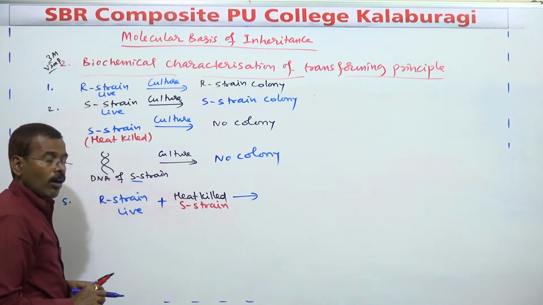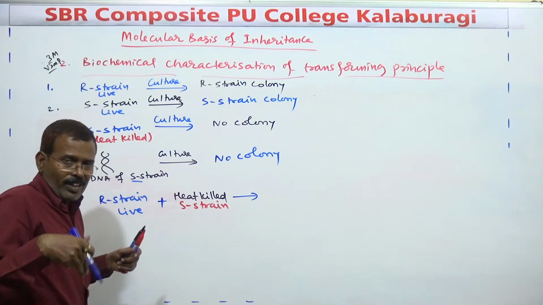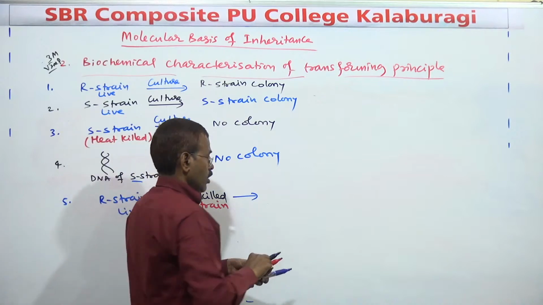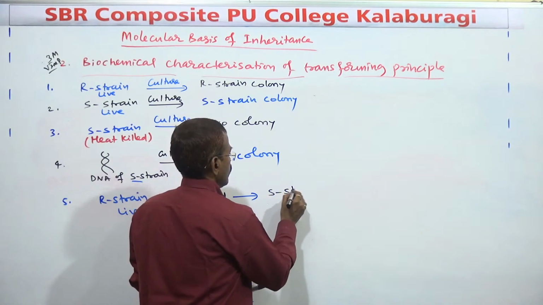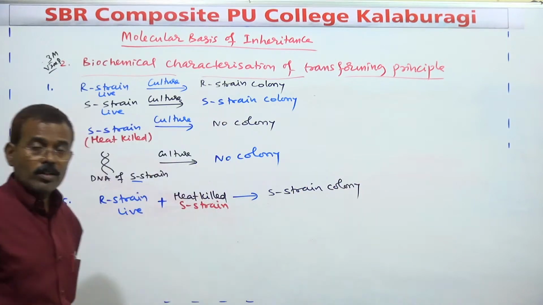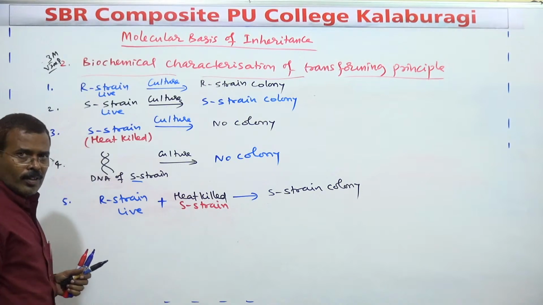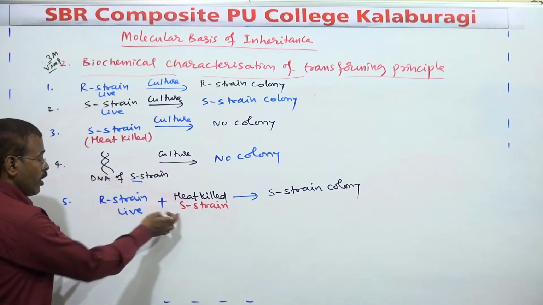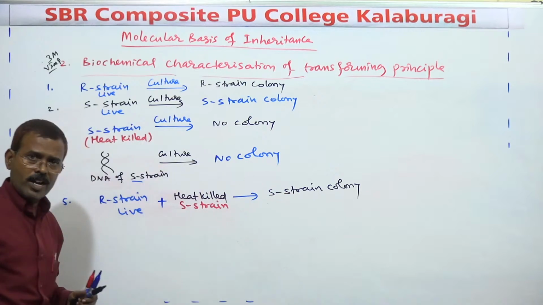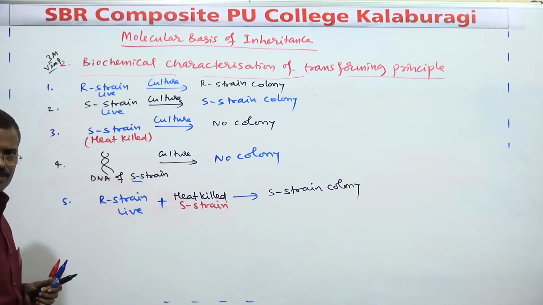What happened here? Transformation took place, a change of genetic makeup. So here they got an S strain colony, a smooth strain colony, because of transformation. They confirmed what material is entering the R strain so that it is converted into the smooth strain in the subsequent steps.